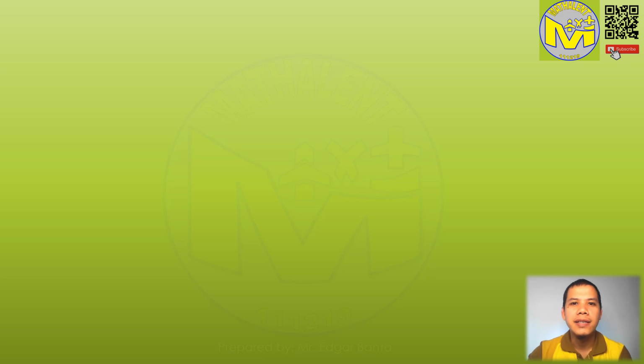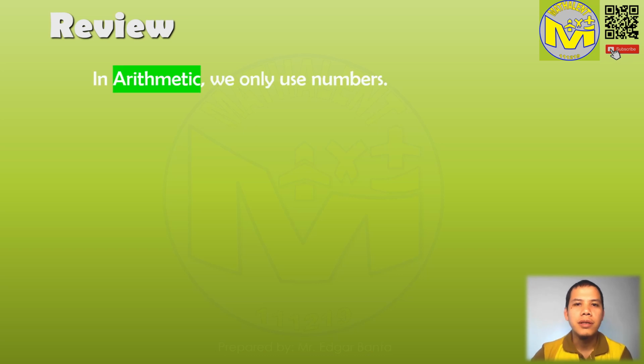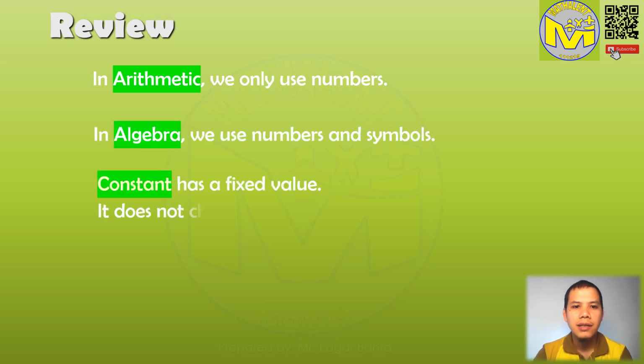Before we go to our next lesson, let's review our past lesson. Last time we talked about the word arithmetic. In arithmetic, we only use numbers, while in algebra, we use numbers and symbols. Okay? Now, constant.